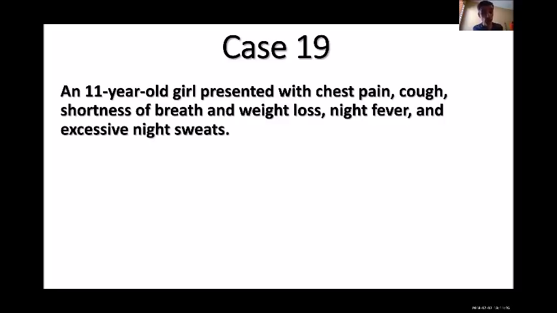It's mostly tuberculosis, I agree with you. But if you guys jump to the diagnosis, you will be dangerous pediatricians. So just remember to be a politician and always find a way to go back. If I am in that position, I would say chest pain, cough, and shortness of breath, and there is weight loss and night fever. So it's an infection, and it's a chronic one, and it's most likely, maybe I'm wrong, tuberculosis.